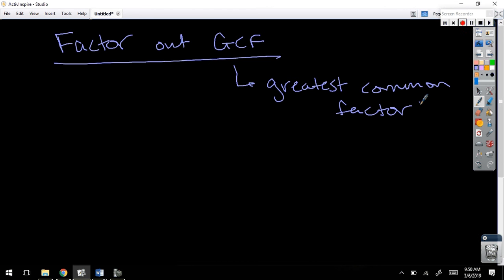So if I asked you to find the GCF of, let's say, 24 and 16, the largest common factor is 8. For both of them, because what you're thinking about is the factors of each one. What can you divide each one of them by evenly?